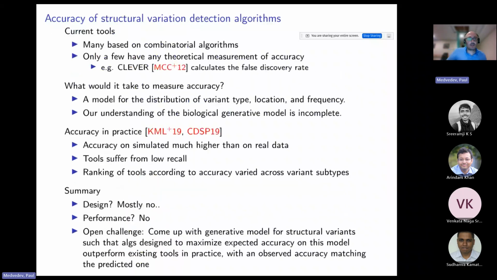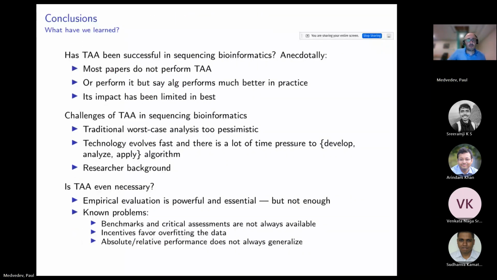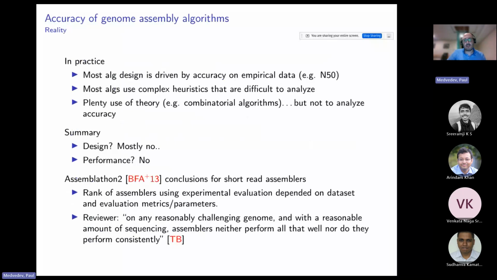So just to summarize here, these are exactly the type of problems that theoretical analysis was designed to alleviate. To alleviate this dependence on which data set you run on, which compute, how you evaluate. If you rely only on this, of course, this is an important way of doing it, but if you rely only on this, you create problems.